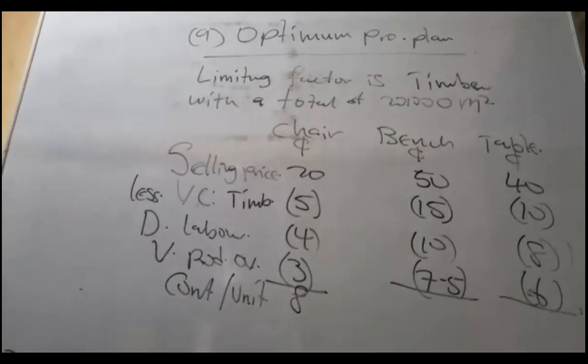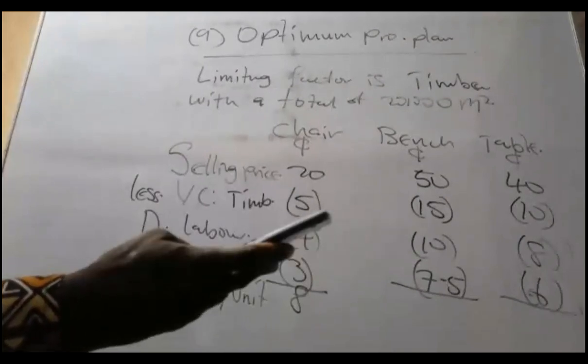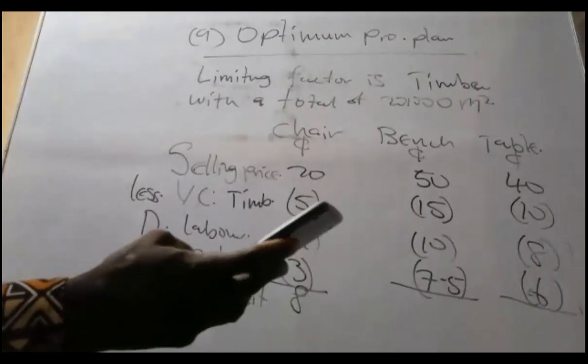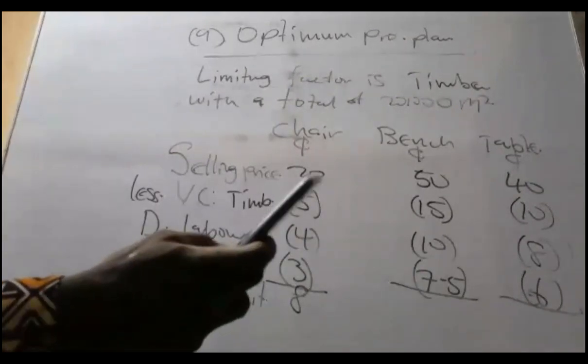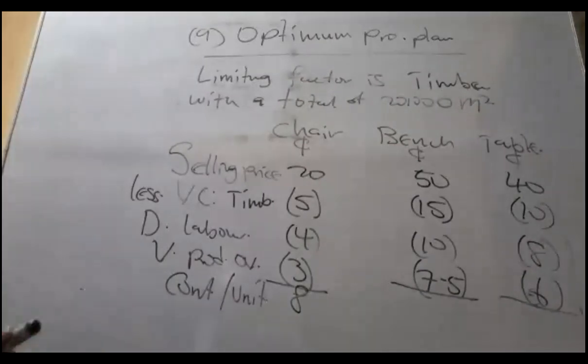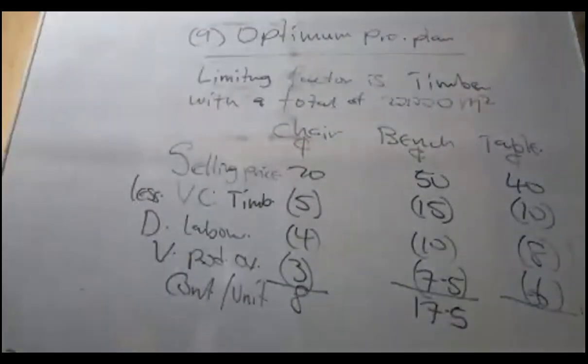And then for the second one, that's 50 less 25 less 7.5, and that'll give us 17.5. So 17.5 is the second contribution per unit.